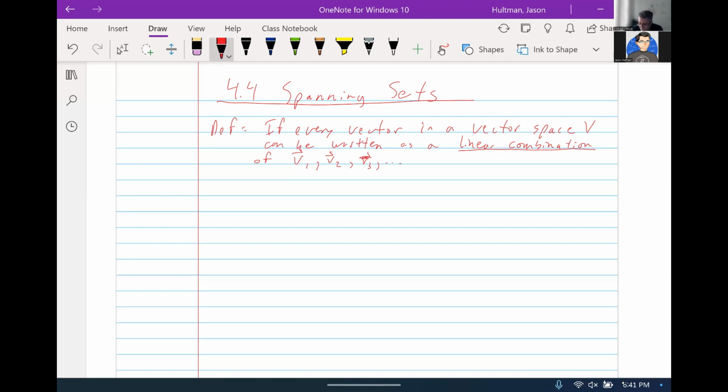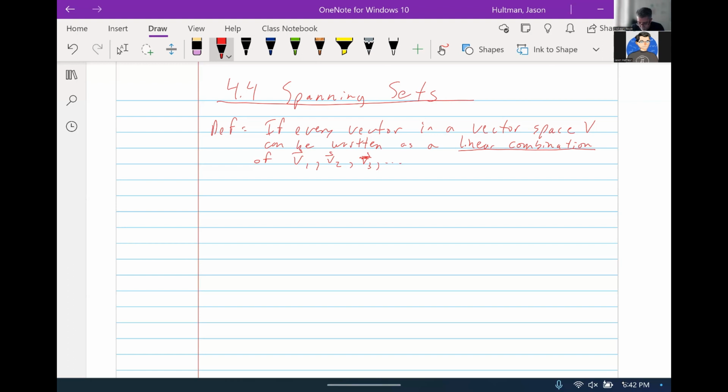If I have the v1, v2, v3, if I have a v sub, that's generally going to mean vector, and so I'll sometimes drop the vector above it. Now, if it doesn't have a subscript, then it more than likely is a vector space.